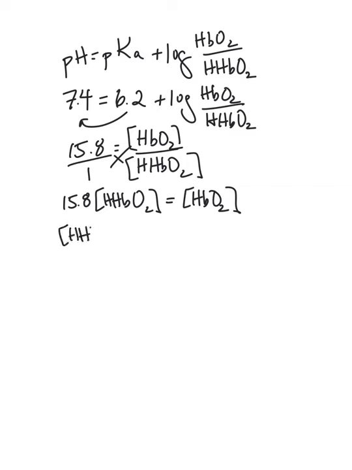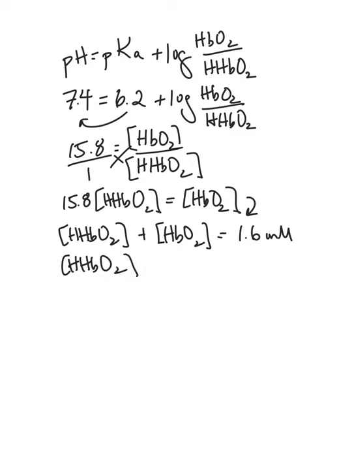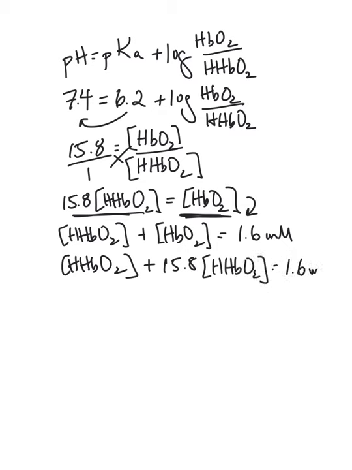We know that the protonated form and the deprotonated form have to add up to 1.6 millimolar. So we do a substitution into that equation so that we go down to just having one unknown. And we put HHBO2 plus, and another way of writing HBO2 is 15.8 times HHBO2, equals 1.6 millimolar.